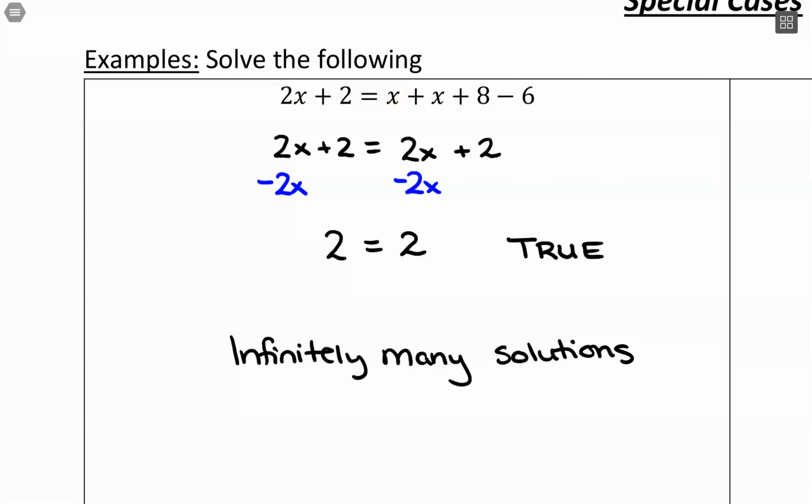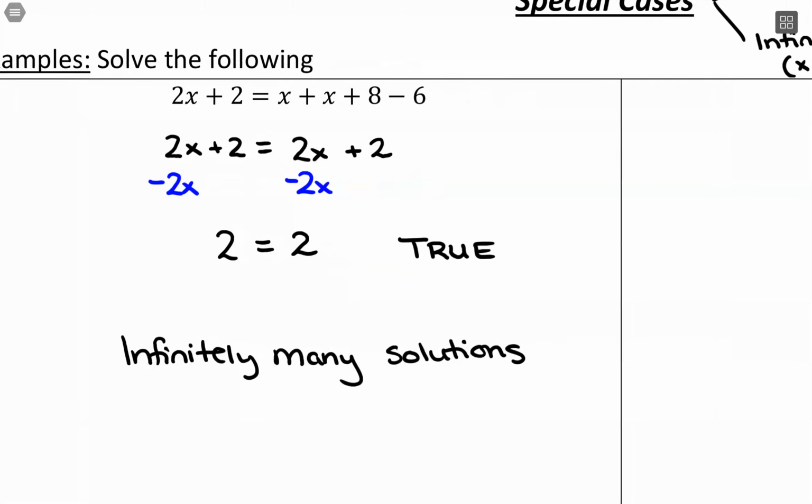Infinitely many solutions happens when you're solving and either you get the completely same expression on both sides of the equation, or as you solve for your variable, it ends up disappearing. Then look at the statement between the two constants. If it's a true statement, then we have infinitely many solutions.